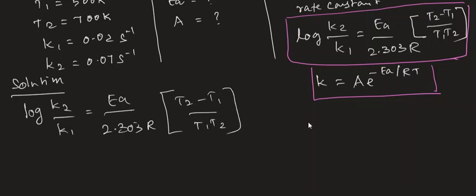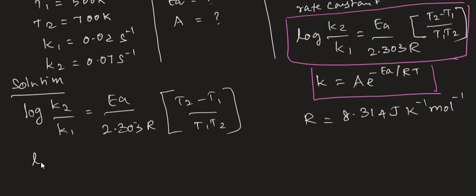We know the value of R, the universal gas constant, that is 8.314 joule per Kelvin per mole.